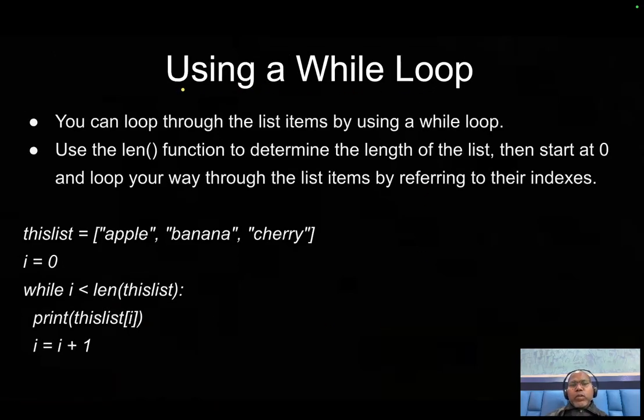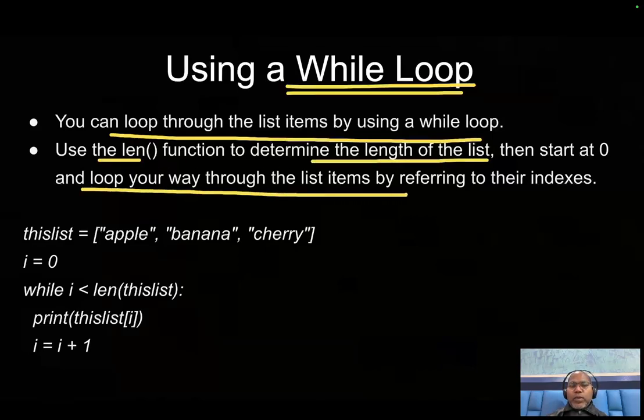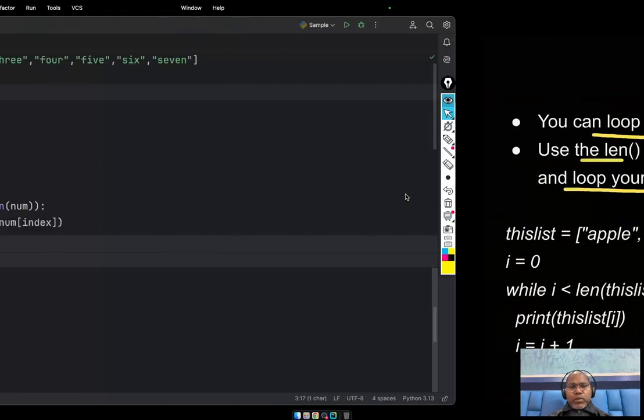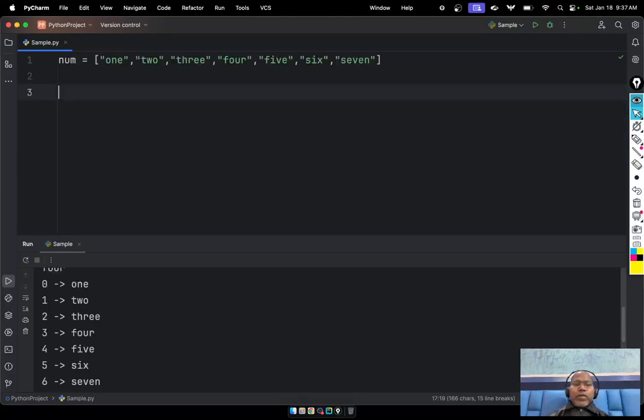You can also use another kind of loop, the while loop, to loop through items. Here again take the length function, determine the length of the list, and you start from 0 till the last element. So instead of range, you can manually say, what is the length?